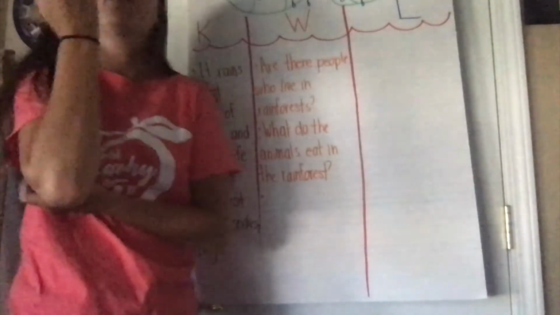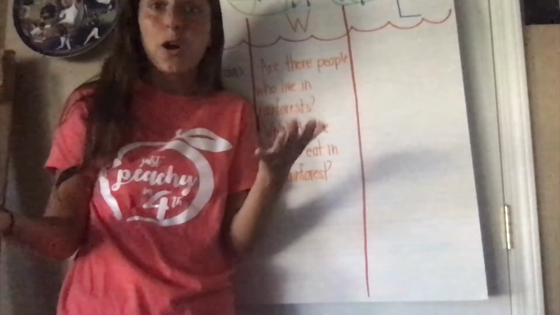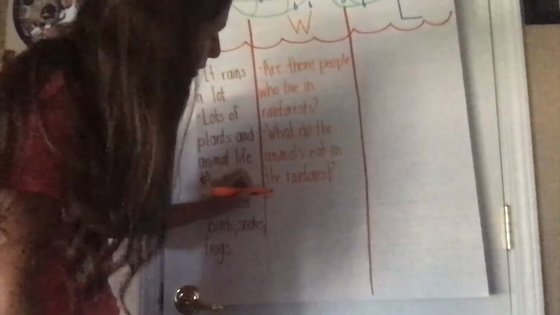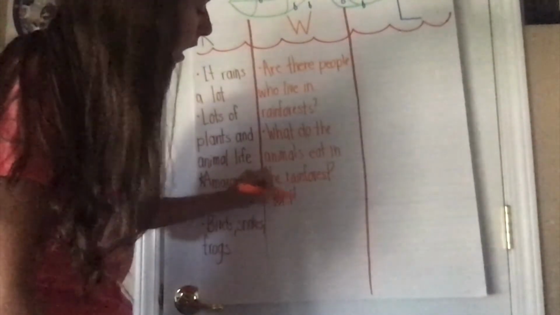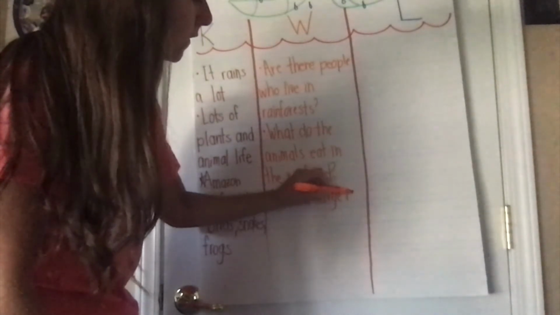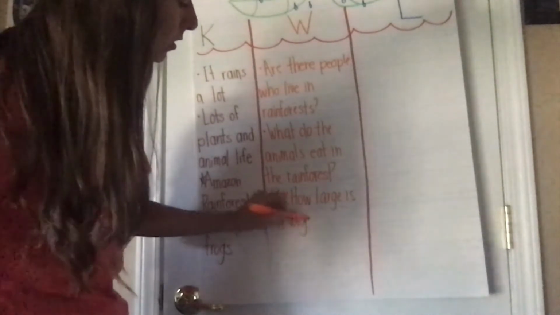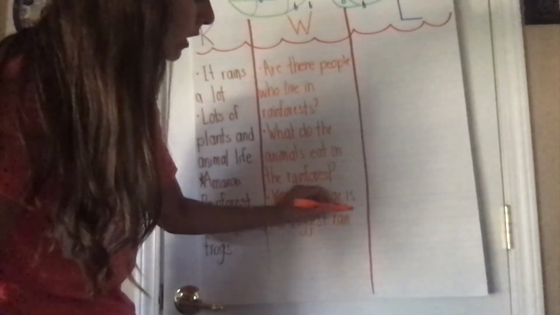And now I'm thinking, what else do I want to know? Ooh, we can just ask how big are rainforests, or what's the biggest rainforest? Actually, sorry, I'm scribbling that out. How large is the biggest rainforest?